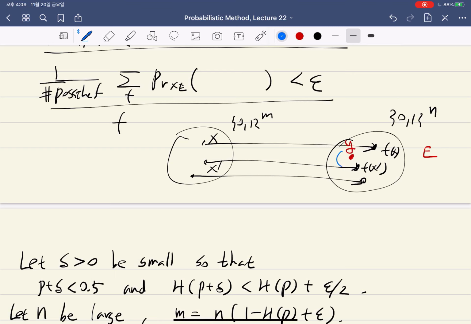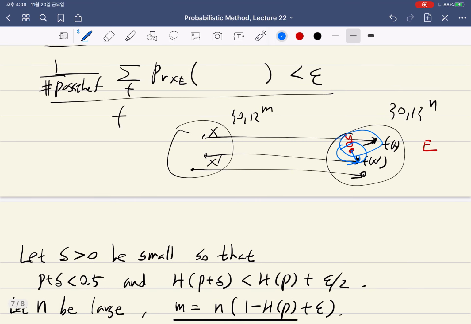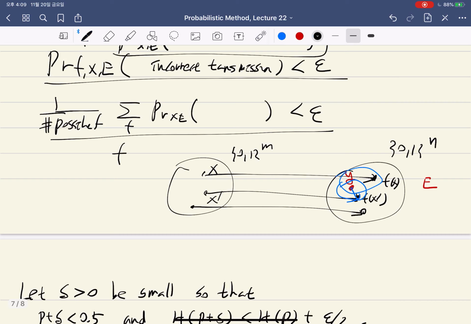Then you take the closest one. It's likely that if there are two points here, f of x prime, and e is added, since p is smaller than half, it's likely that y is closer to this fx.